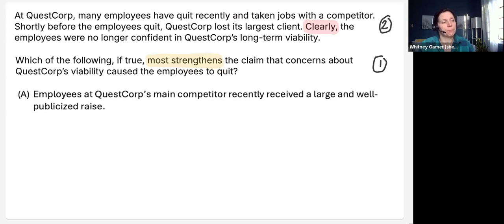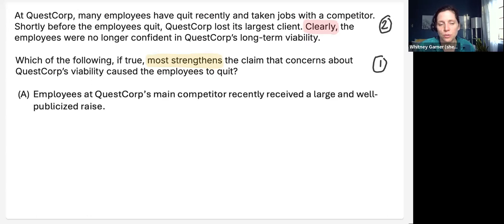What do we think? Yay or nay? Would this support our claim? Would this weaken our claim, or would this not matter? Let's see.